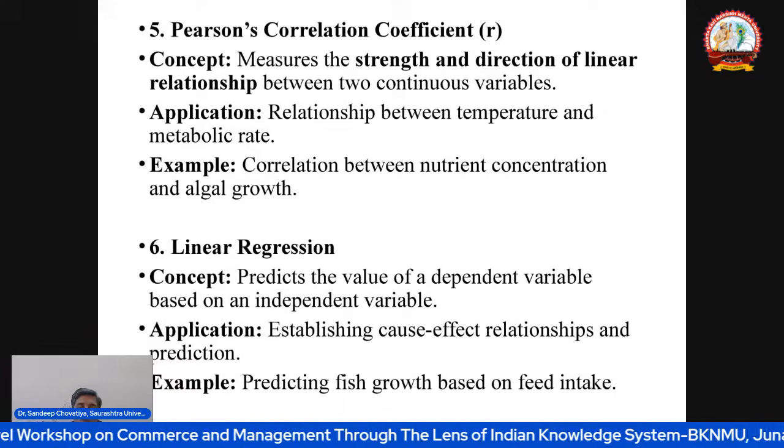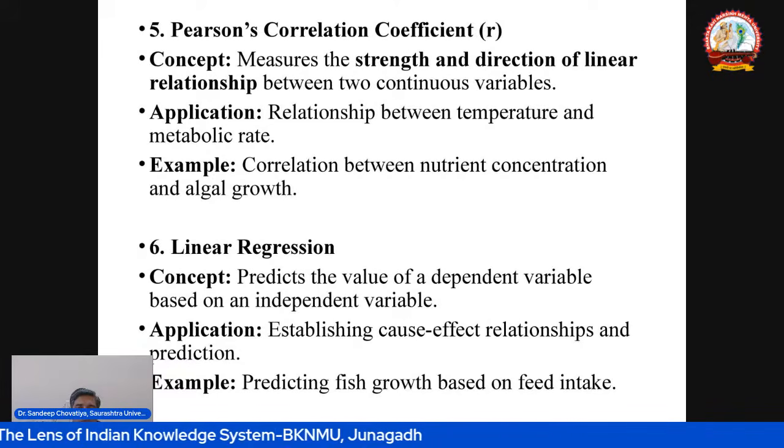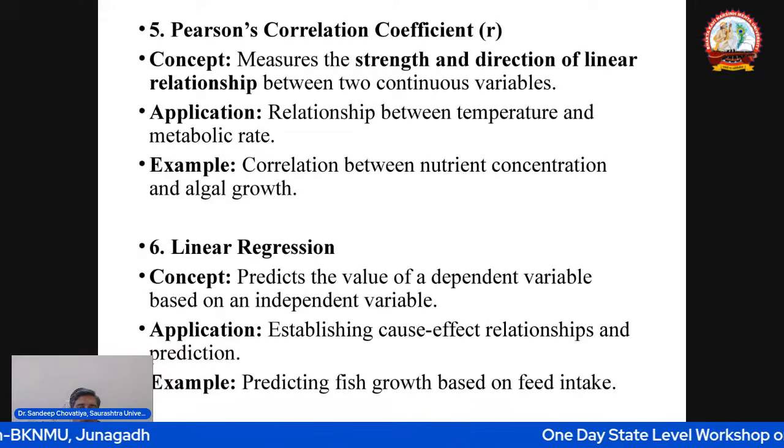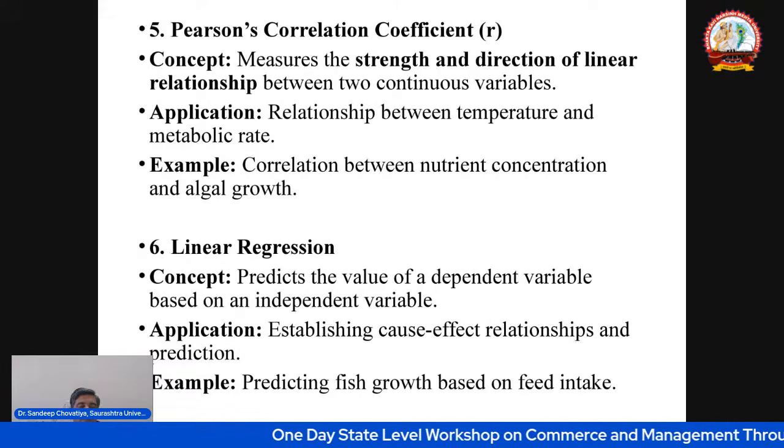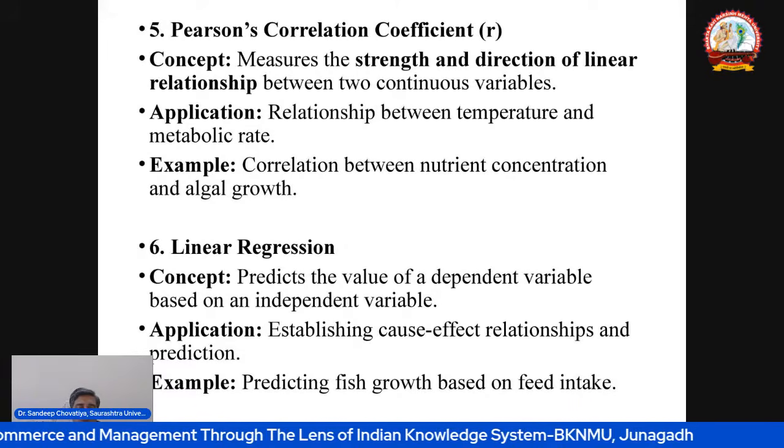When we're discussing other parametric tests, here is the Pearson correlation coefficient, which helps to directly find the linear relationship between two variables. That is the most basic concept behind the correlation coefficient.